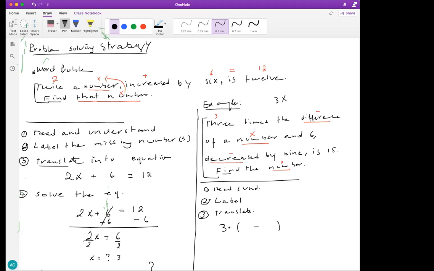So we have a multiplication here. So 3 times, this times is 3 times, not a number. If it was 3 times a number, we would write it as 3x. But here it says 3 times the difference. What goes inside the parentheses? x minus 6. Exactly. So the difference of these two.